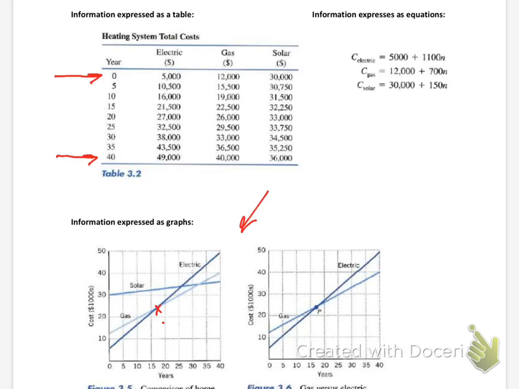What's happening is that gas and electric are crossing. Where electric was below, now electric is above and gas is less. And then as you go on into the future, you have a crossing here and a crossing here. So you can see that as you go on in time, solar is actually the least expensive, and that's because its slope is the least steep.